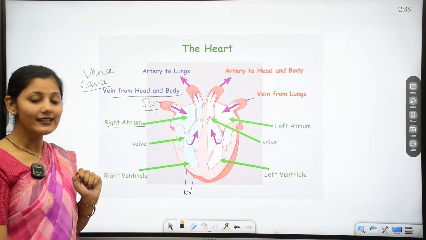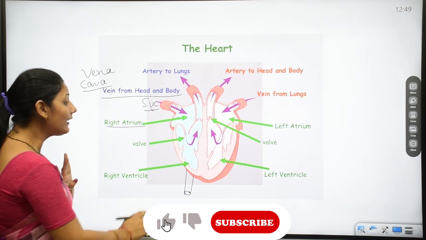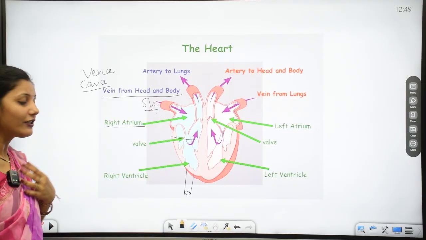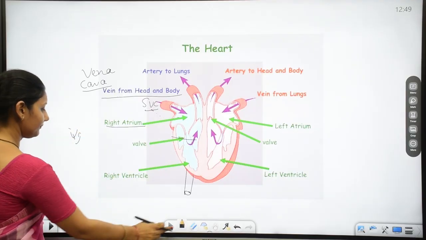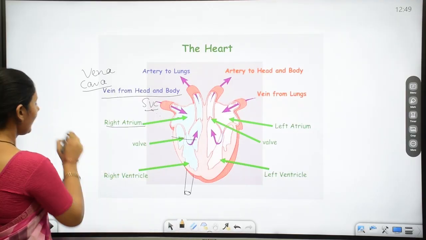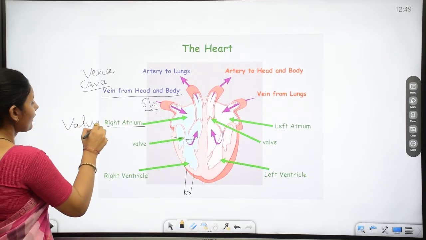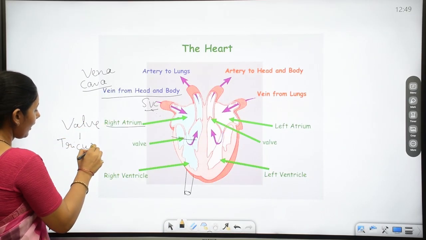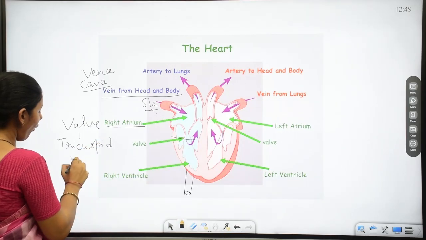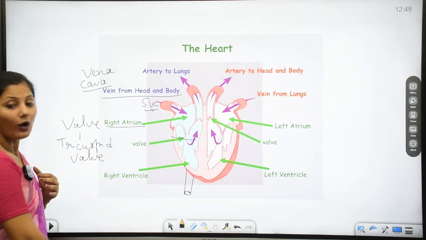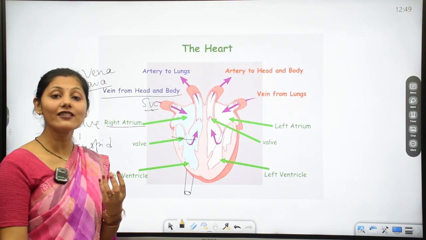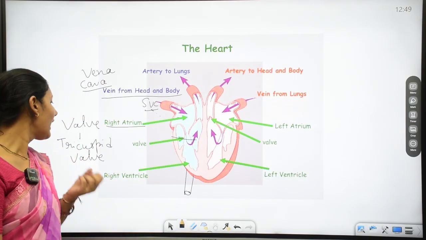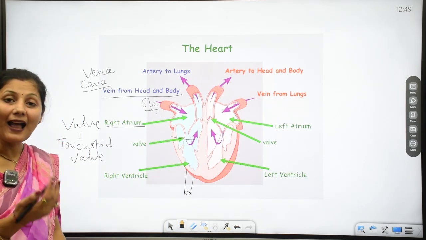Between the right atrium and the right ventricle, a valve is present, and this valve is known as the tricuspid valve. It has 3 cups and 3 flaps. That is why it is known as tricuspid valve, which is responsible for preventing the backflow of the blood.